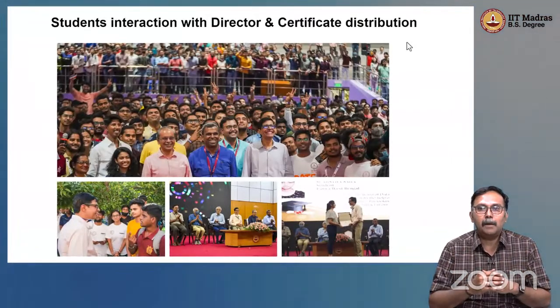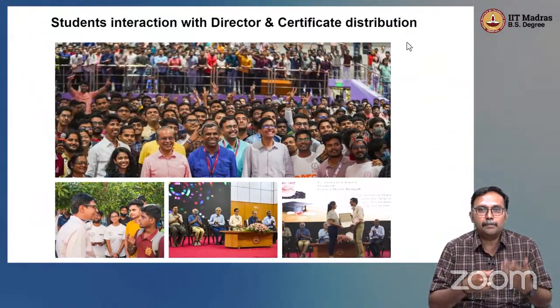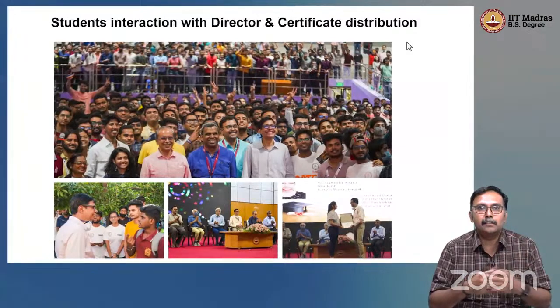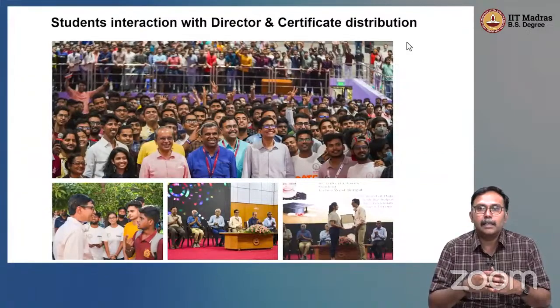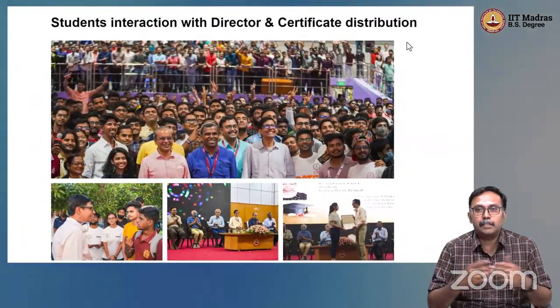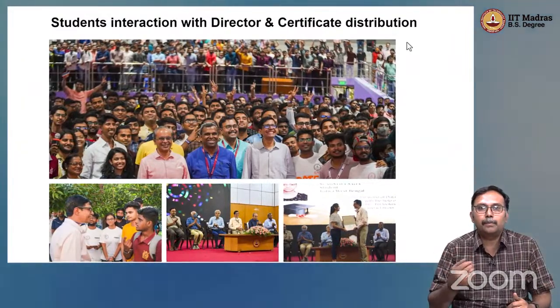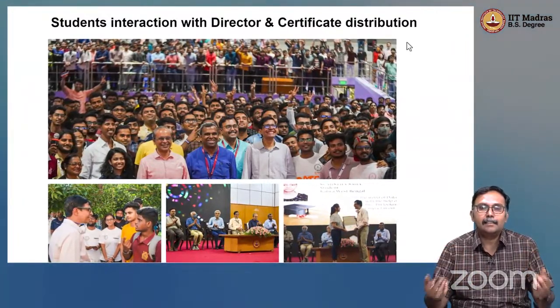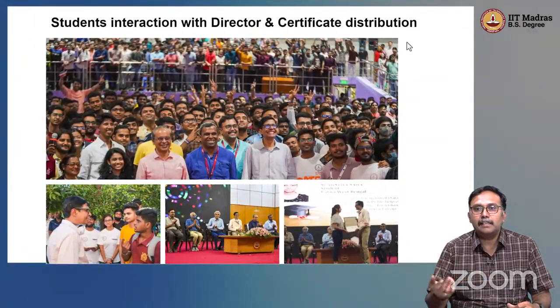Here are some amazing pictures which were taken during the Paradox event. The image which you see here with the director, coordinators, and the dean academic courses is from the first Paradox, where more than 2,500 students participated, enjoyed the campus, stayed here, and took part in various events.